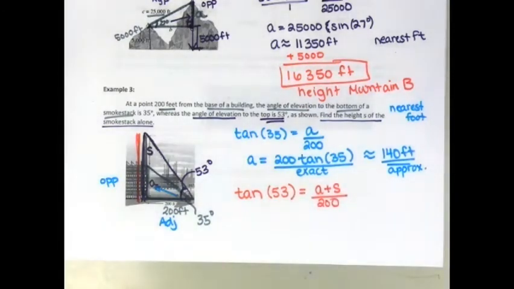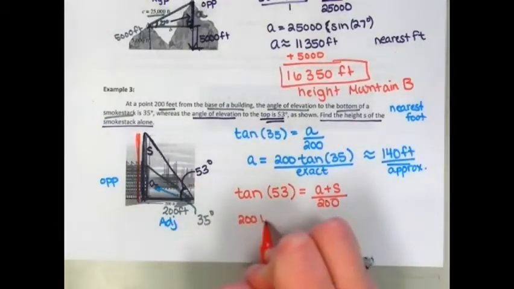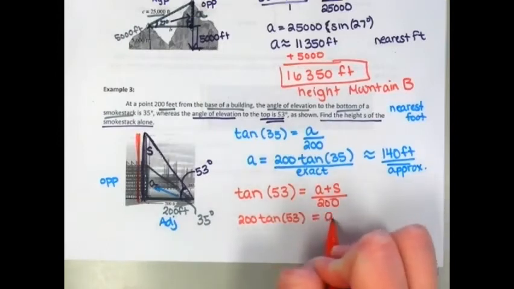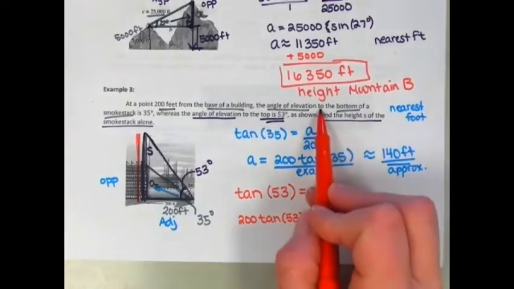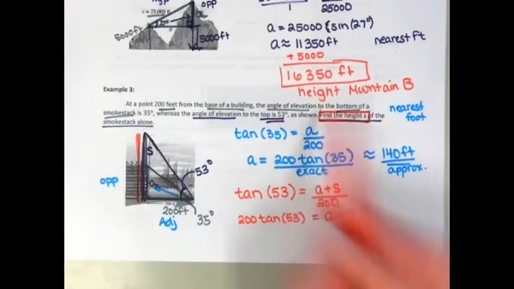Okay. So now cross multiply, right? So when I get the 200 tan 53 is equal to A plus S. You guys okay with that? Now, we could use our calculator right now, but I'm going to wait a second. I really want to know, what are we trying to find? The height of the smokestack, which is just what?